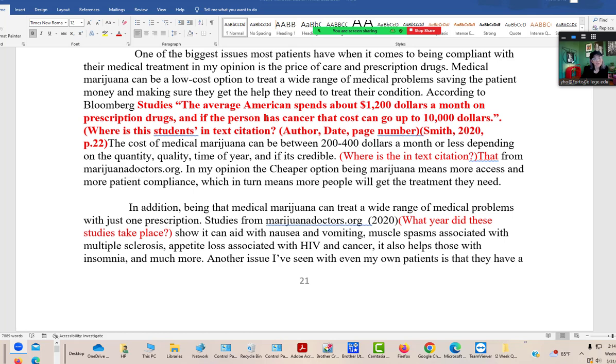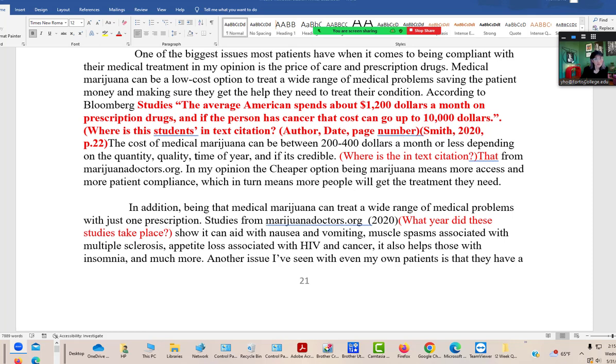He says the average American spends about $1,200 a month on prescription drugs, and if the person has cancer, that cost can go up to $10,000. Anyway, if you have any kind of numbers, you have to put in quotation marks, and you have to put author, date, and number.